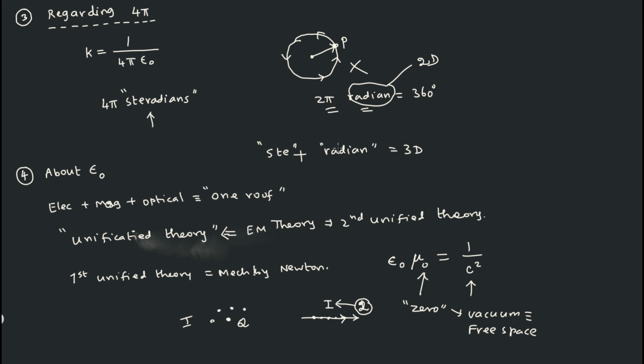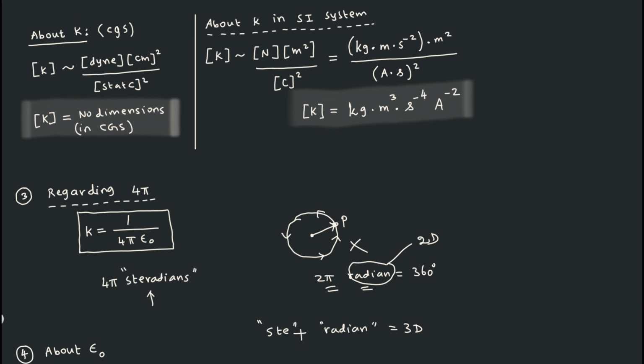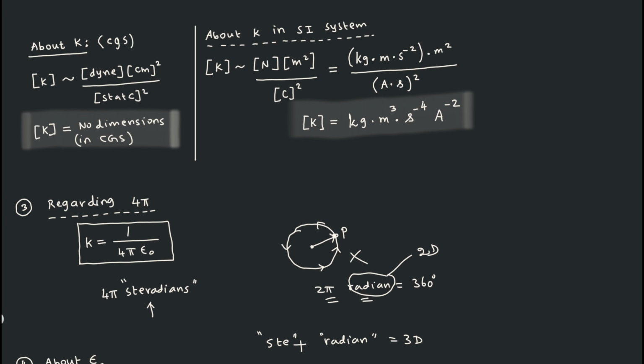And this particular constant will automatically have the dimensions that we have mentioned. So those two are in agreement. It is not that they are isolated. Whatever this particular k is, it will have these dimensions, because this is in SI units.